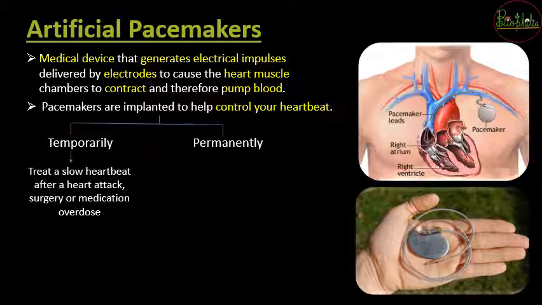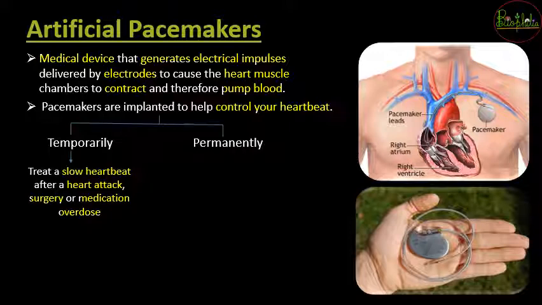When there is going to be slow heartbeat treatment, and slow heartbeat generally can occur after a heart attack or a surgery related to the heart, or if there is a medication overdose. In all those cases the person can be asked to implant a temporary artificial pacemaker.